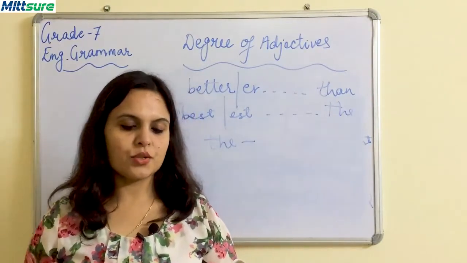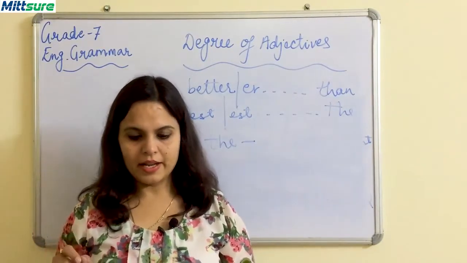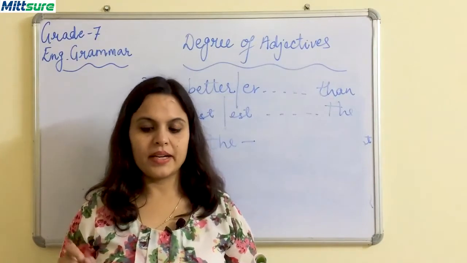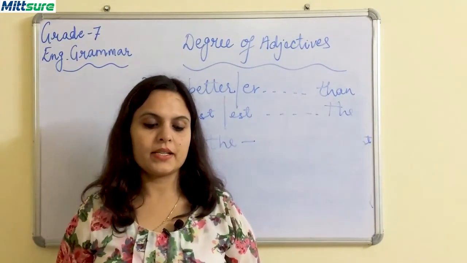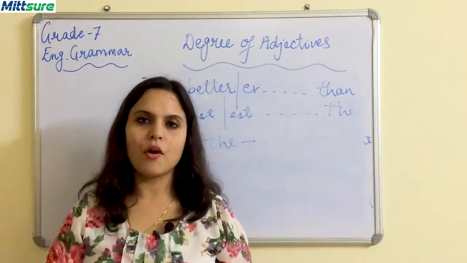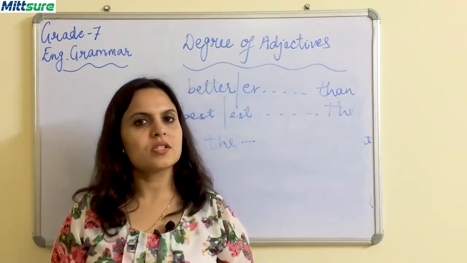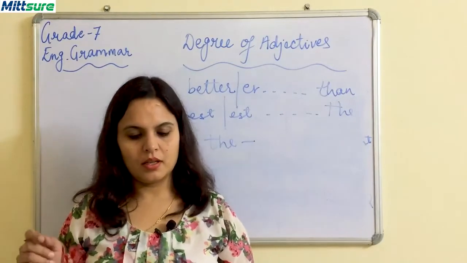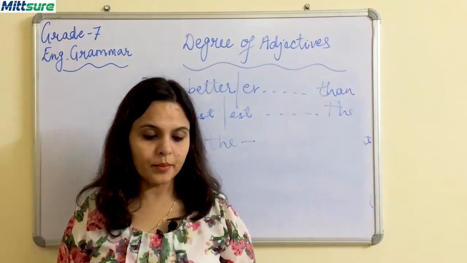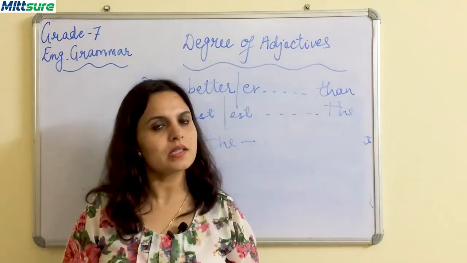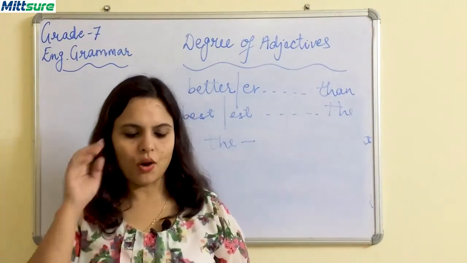Then the fourth says: Anuj is dash tall, his friend is dash than him, but Sameer is the dash of all. Simple. Anuj is tall. His friend is taller than him, but Sameer is the tallest. The tallest of all.